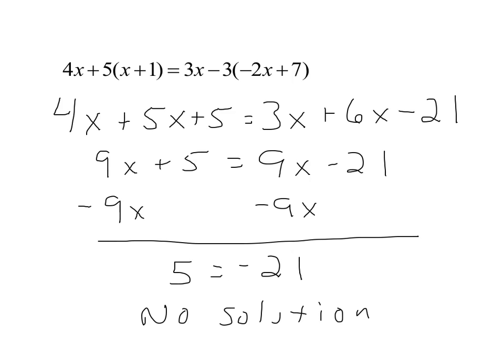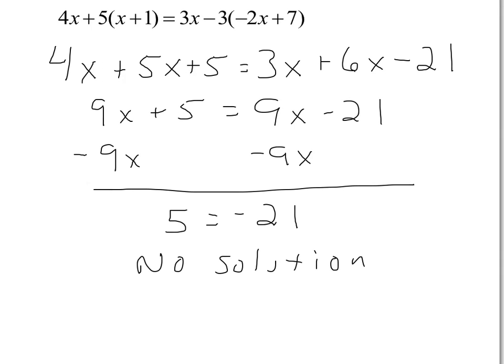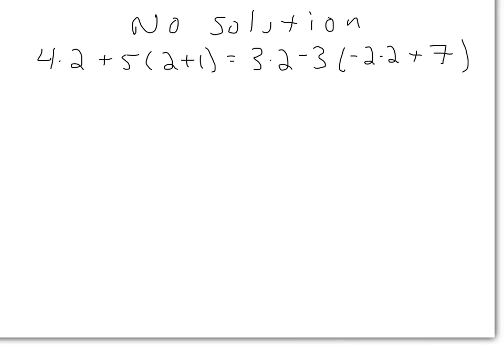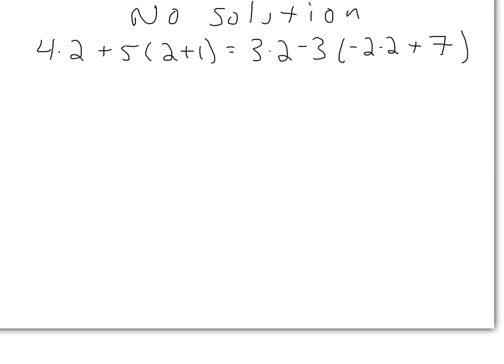So if I was to just make up some value for x and put it in the original equation, let's see what would happen. Let's say I picked x equals 2. So 4 times 2 plus 5 times 2 plus 1 equals 3 times 2 minus 3 times negative 2 times 2 plus 7. So 4 times 2 is 8. And I'll do what's in the parentheses first.